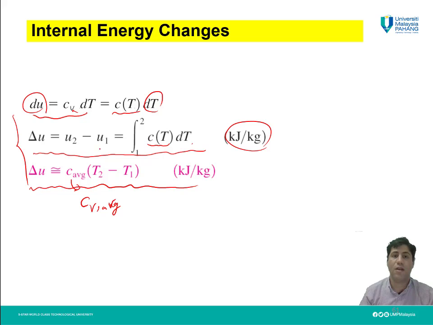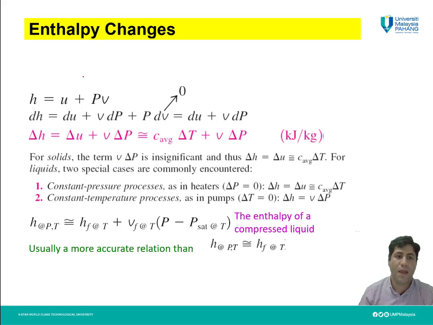But this time we always have C, the specific heat of that substance. And the enthalpy changes of these kinds of substances can also be calculated according to what we have learned about gases.